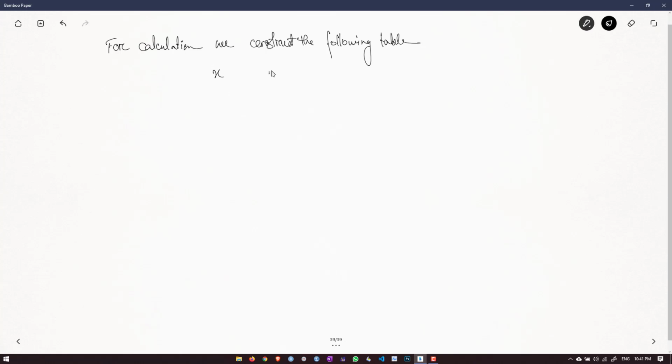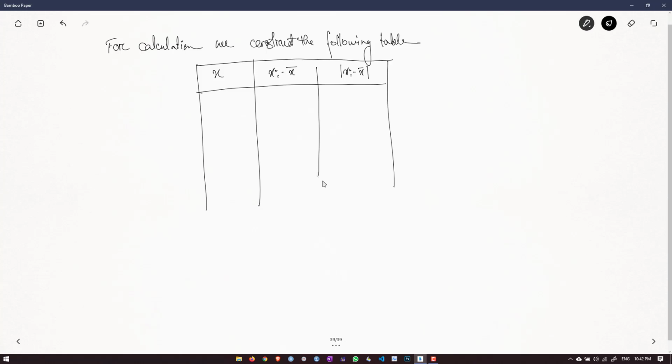Here you will have x, xi minus x bar, and finally modulus of xi minus x bar. These are the 3 columns we create.